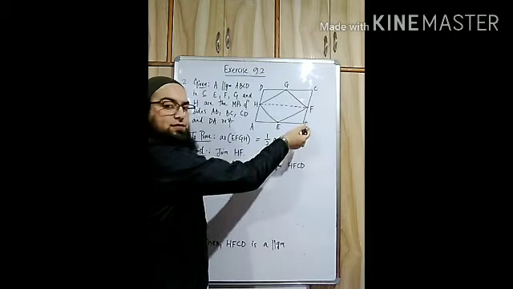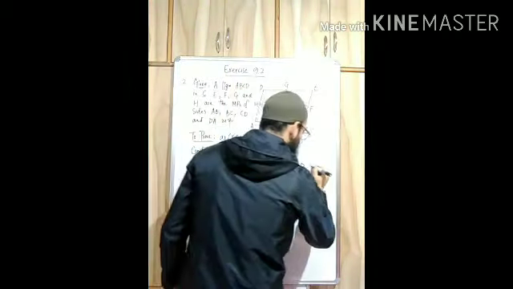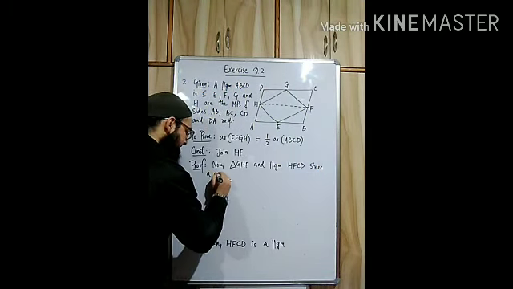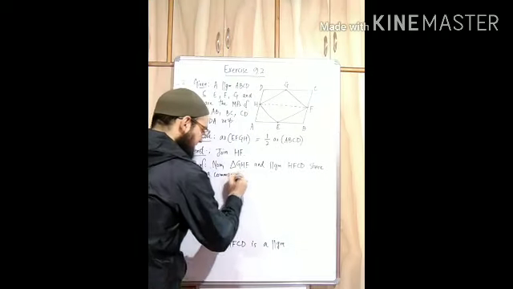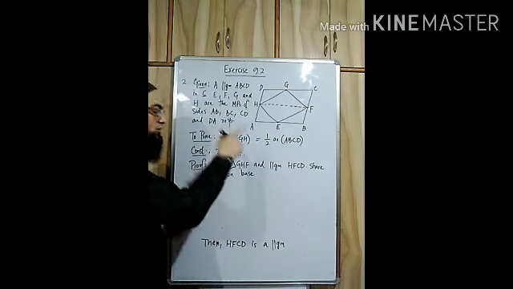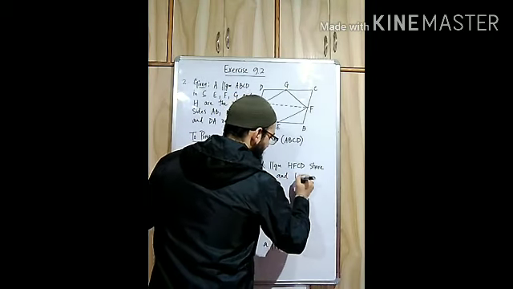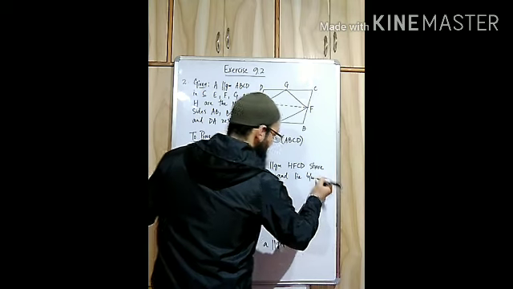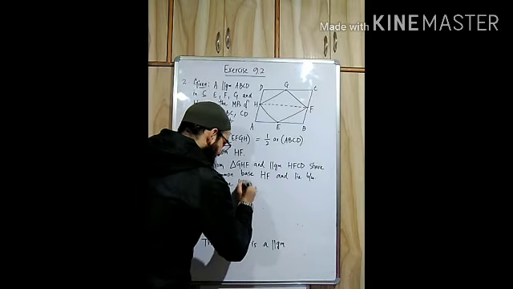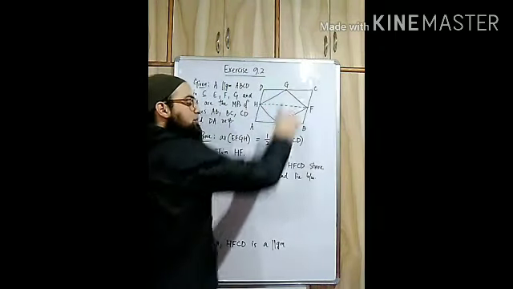Triangle GHF and parallelogram HFCD share a common base, which is the common base of these two figures, HF, and lie between the same parallels. Both the figures lie between the same parallels, as HF is parallel to DC.